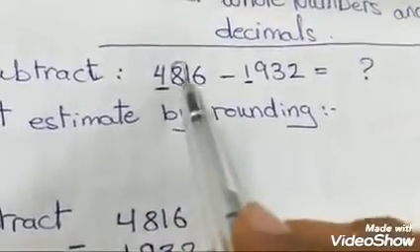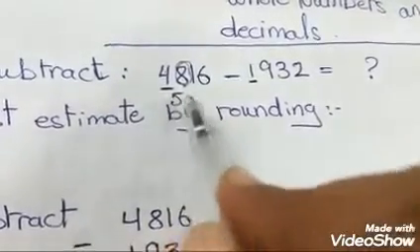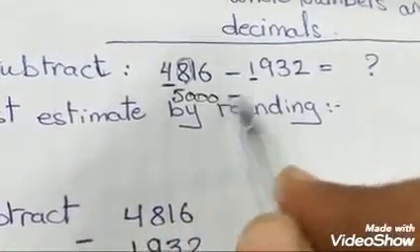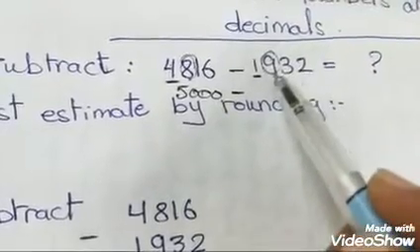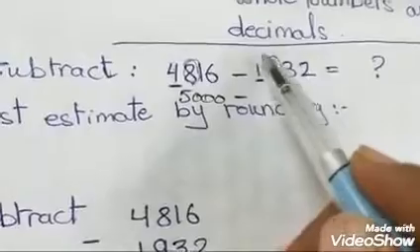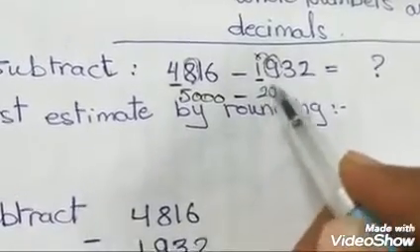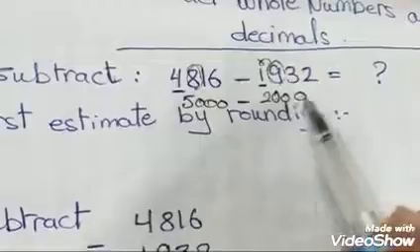I will look at 8. It's a rich number, so this one will be 5,000, minus 1, the thousand digit. I will look at the 9. 9 is a rich number because it's more than 5. So the 1 will be increased by 1, so this will be 2,000. I will remove all these numbers and put zeros instead of them.